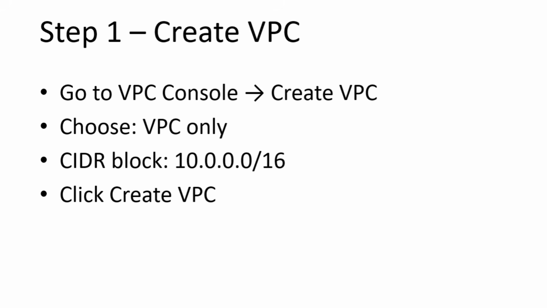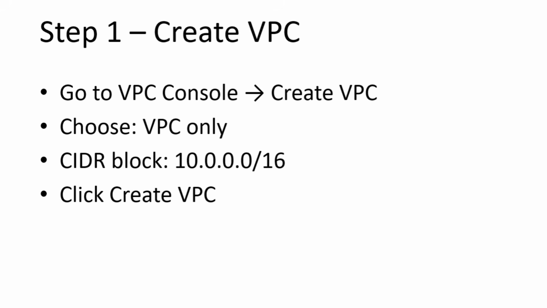Every secure network begins with a foundation, and in AWS, that foundation is the VPC, Virtual Private Cloud. Think of it as your own private data center inside the cloud, completely isolated from others. For this walkthrough, we'll create a brand new VPC dedicated to our experiment.